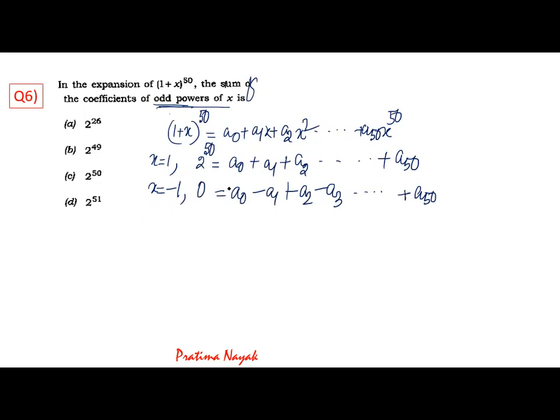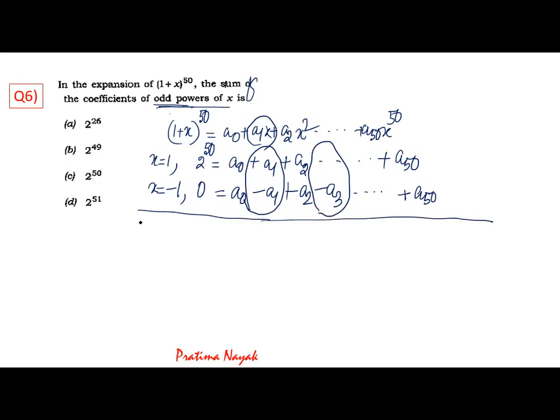Now I need the odd powers, a1, a3. So what shall I do? I'll subtract. No need of writing all the things, only for understanding I'm writing. So twice a1, twice a3, twice a5, up to a49, you are getting 2 to the power 50.